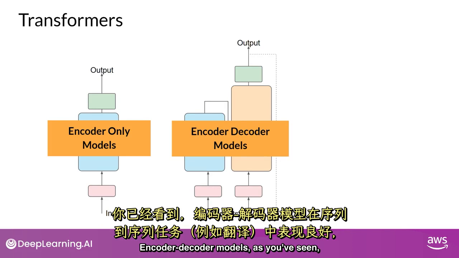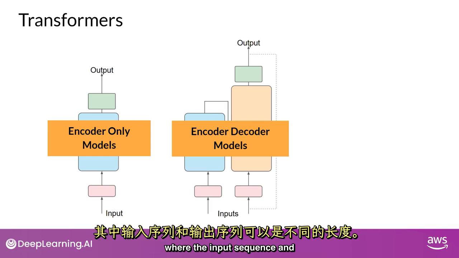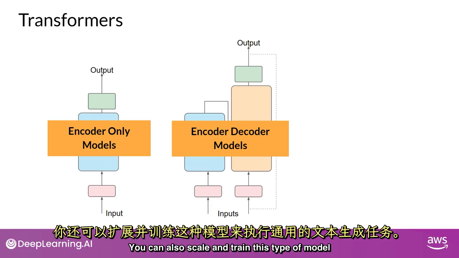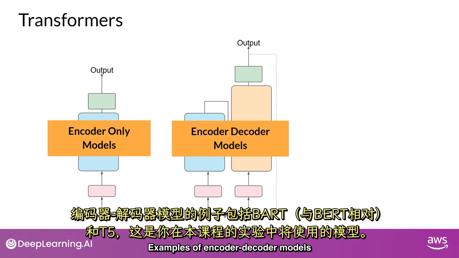Encoder-decoder models, as you've seen, perform well on sequence-to-sequence tasks such as translation, where the input sequence and the output sequence can be different lengths. You can also scale and train this type of model to perform general text generation tasks. Examples of encoder-decoder models include BART, as opposed to BERT, and T5, the model that you'll use in the labs in this course.